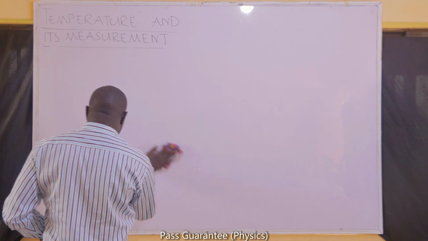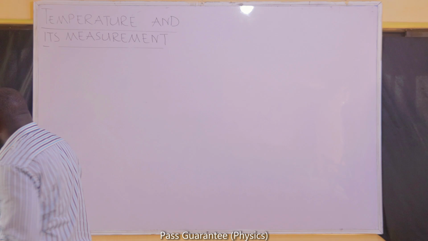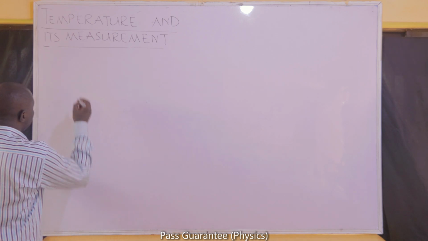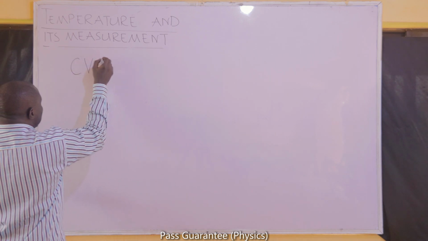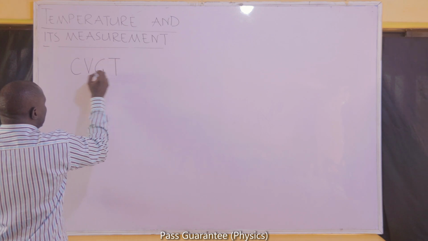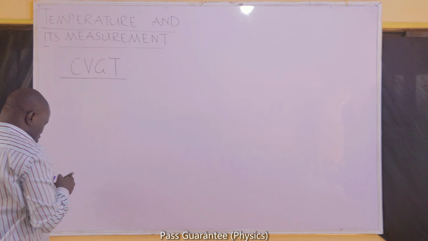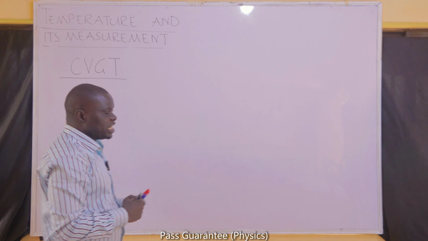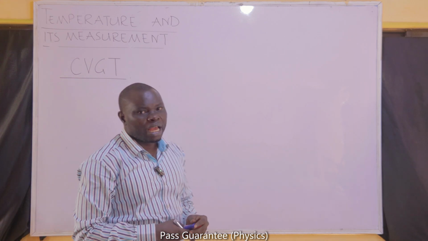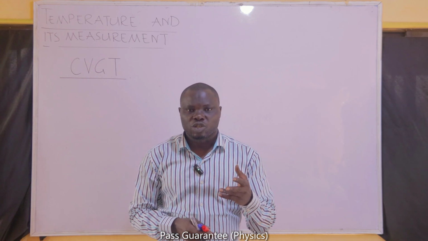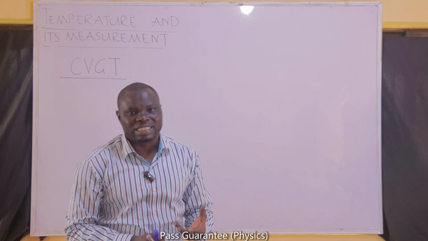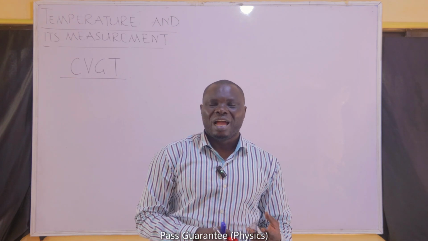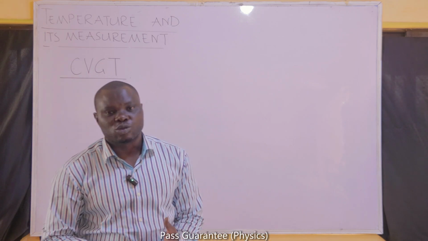So other types of thermometer are constant volume gas thermometer, CVGT. Constant volume gas thermometer uses the idea that anytime we increase the temperature of a gas, then the volume and the pressure of the gas will increase.